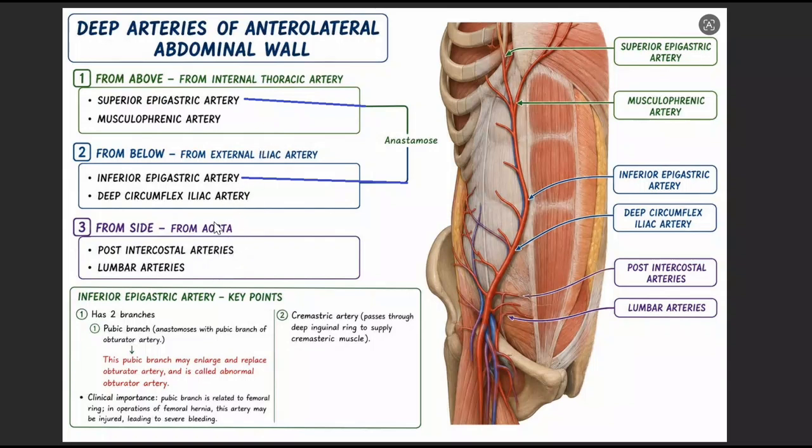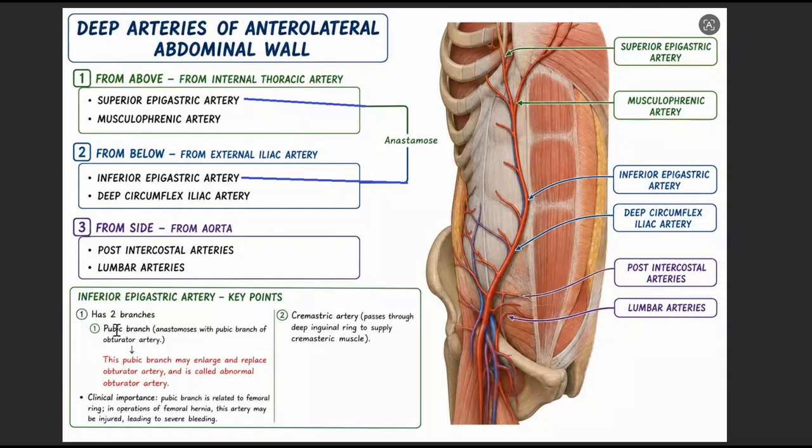Okay. Now I have some key points about the inferior epigastric artery. The inferior epigastric artery further divides into two branches. One is the pubic branch and the second one is the cremasteric branch. The pubic branch of the inferior epigastric artery anastomoses with the pubic branch of the obturator artery.